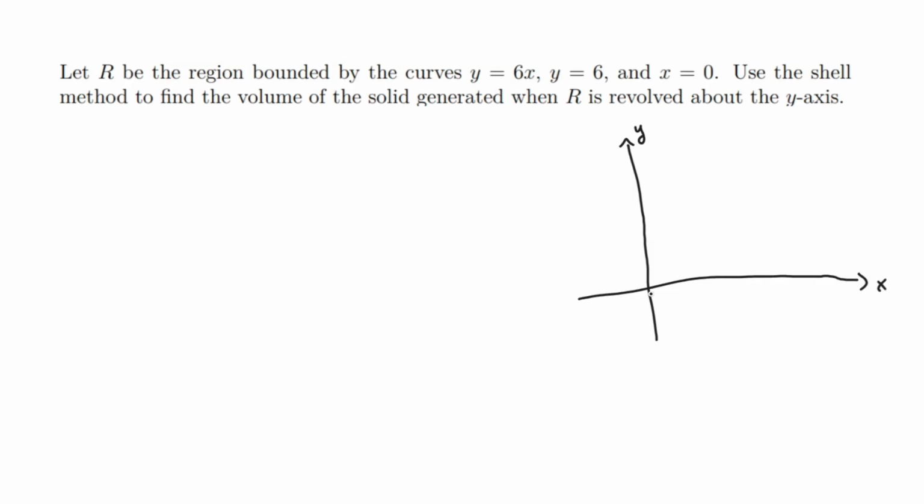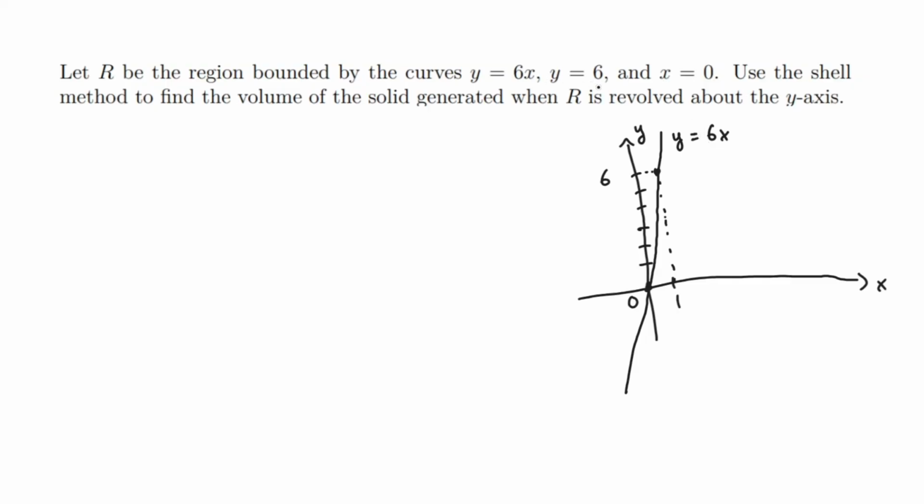When x equals 0, y equals 0, so this point. This is 0, this is 1, 2, 3, 4, 5, 6. When x equals 1, y equals 6, so this point. So I will connect these two points. This is the function y equals 6x.